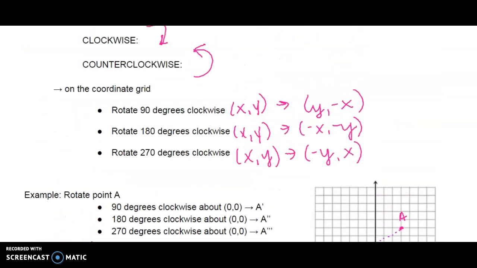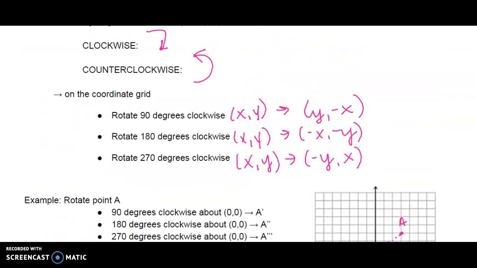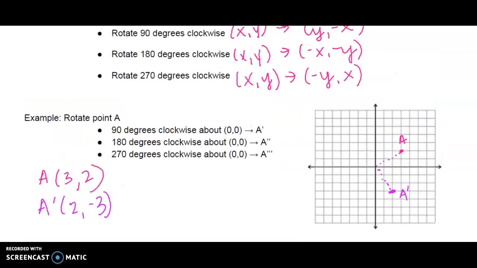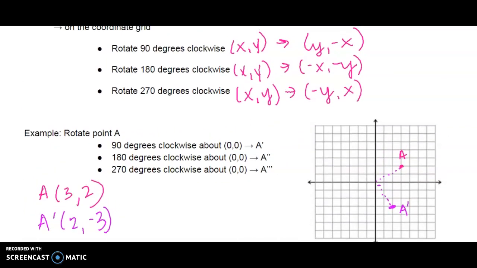If I look back at my rule for a 90-degree rotation, I see that my x and y values switch spots and my x became negative. I think I can make all of these fit at once. Here, my x and y values switch spots and my x became negative, so that's perfect. Our next rotation, we want to rotate point A 180 degrees clockwise about the origin.